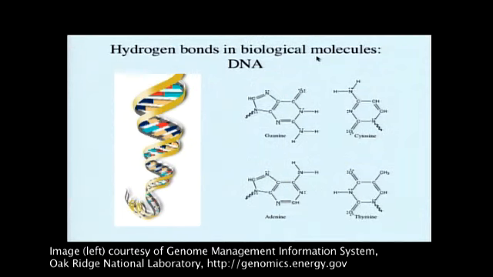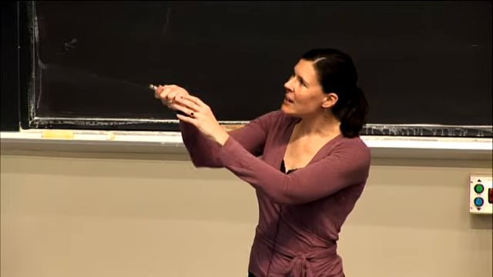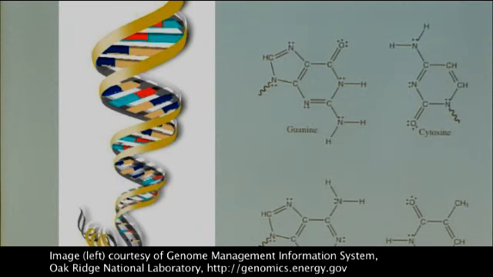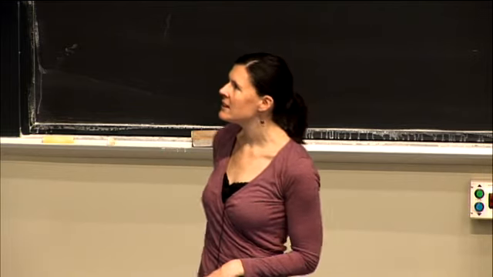We can also talk about the importance of hydrogen bonding in DNA. If you think about the characteristic DNA double helix, we have two strands of DNA that you can see are intertwined here. And those two strands are actually held together by hydrogen bonding. Specifically, it's hydrogen bonding between what are called complementary bases within the DNA.